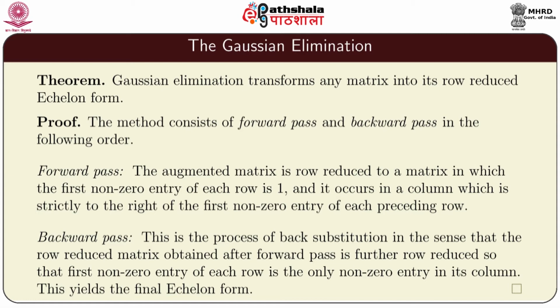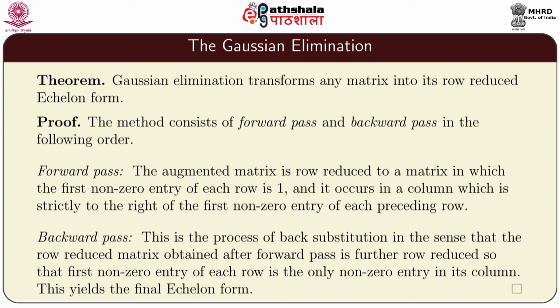That means all the 0 rows will be placed at the bottom, the non-zero rows on top of the 0 rows. The first non-zero entry in each non-zero row has to be 1, and the column where that first non-zero entry sits has no other non-zero entry except that one. That is echelon form. Let us see what we mean by forward pass.